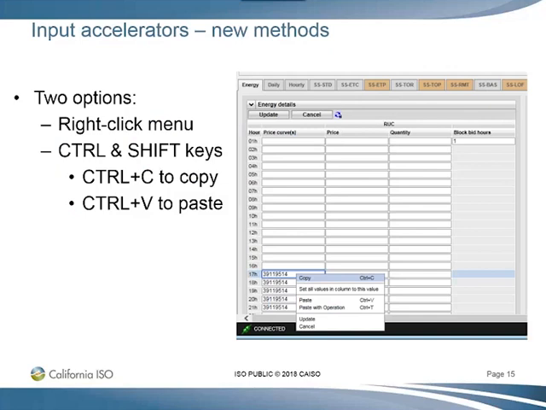This right-click menu, which is a new feature for SIBR, gives you a list of commands associated with actions to perform on the entered data. Again, it's similar to how you'd use a right-click in MS Excel. For each of the functions, you can copy the contents, set values in the columns to this value, or paste with operation.